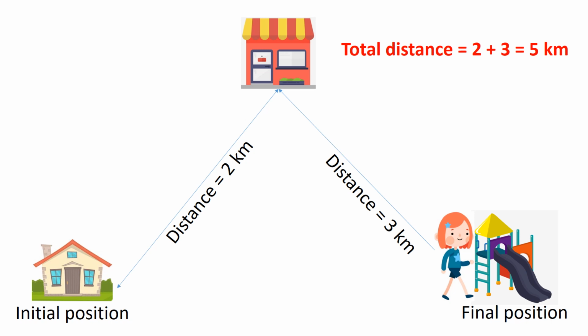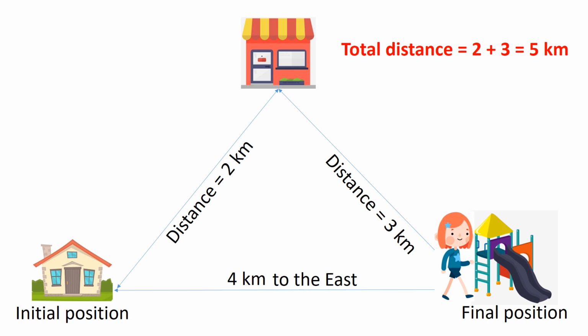So you have to look at the initial position and the final position only to find the displacement. Is that clear? You don't have to see the path she has followed. So, from the initial to the final, what is the distance you have to see? It is 4 kilometers to the east.